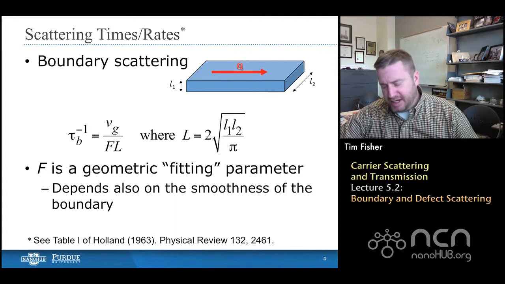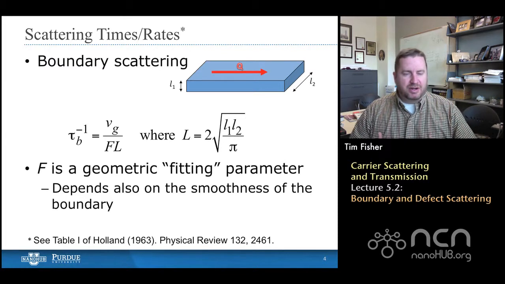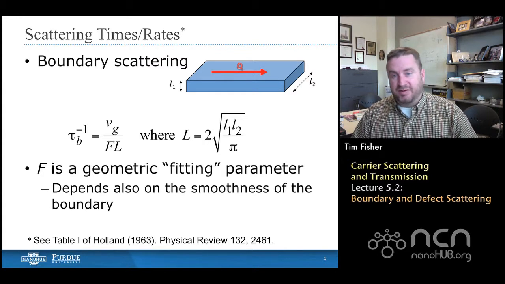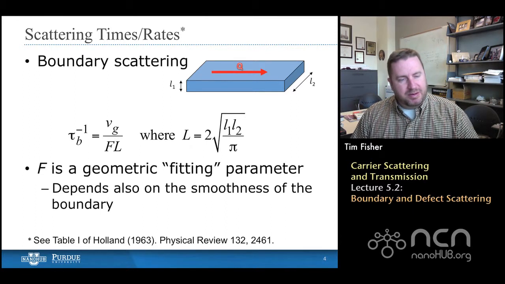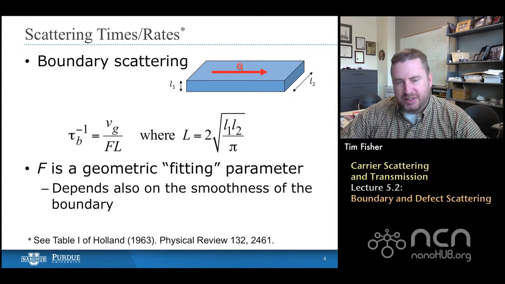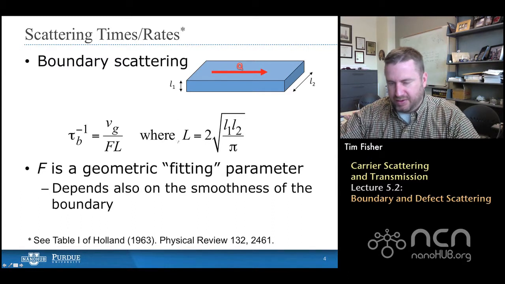So in this case, this is a very intuitive approach for boundary scattering. Our intuition, I hope, would tell us that the scattering rate will be simply the velocity, that's how fast the particle is moving, divided by some length that's confining that carrier. A lot of people have studied this, and there's quite a bit of literature out there. But generally speaking, we want to make some average length scale. And the best one, the one that's most common at least, is this capital L that we're showing here.